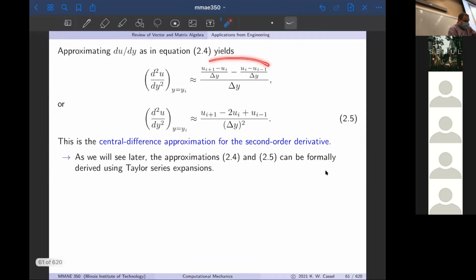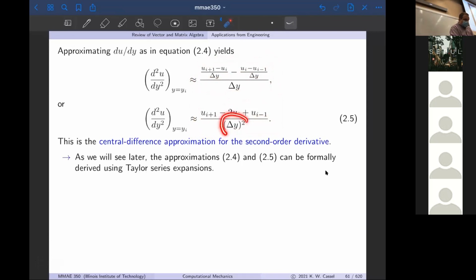Now, if I simplify this, take the delta y's here and simplify things, I get this. Notice the pattern, u i plus 1 minus 2 u i plus u i minus 1. So it's still 3 points, one to the left, one to the right, and the middle point.